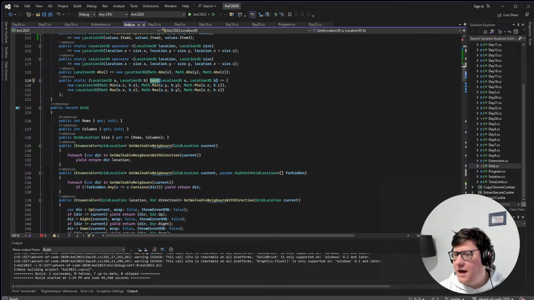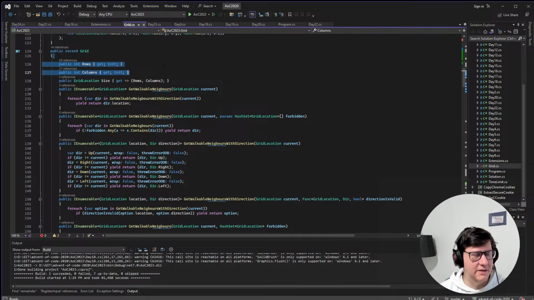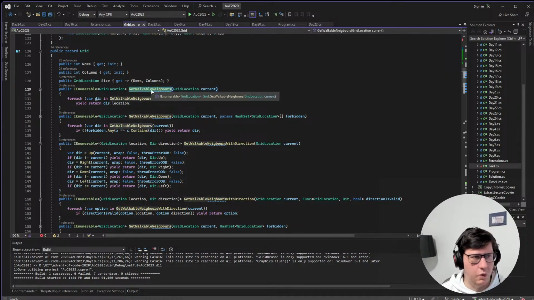So I have all sorts of helpers here just to make life easier. And then I have a grid object, which is basically just a bounds checking thing and lets you walk. So this one has rows and columns, which gets defined from probably your input. Just a simple size property that combines the two to tell you how many sectors there are in there. A simple helper to get walkable neighbors.